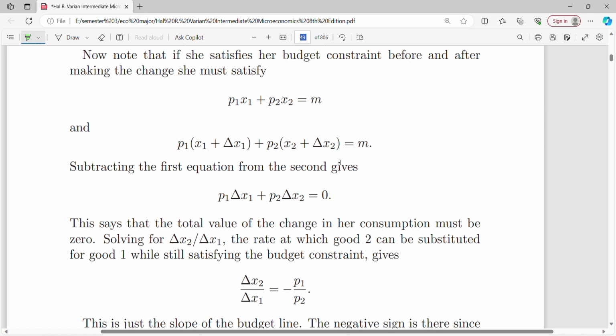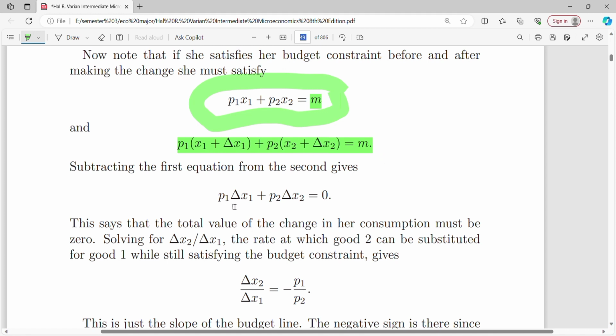And when we subtract this equation from this equation, P1 X1 and P2 X2 get subtracted, and M gets subtracted from M, so 0.